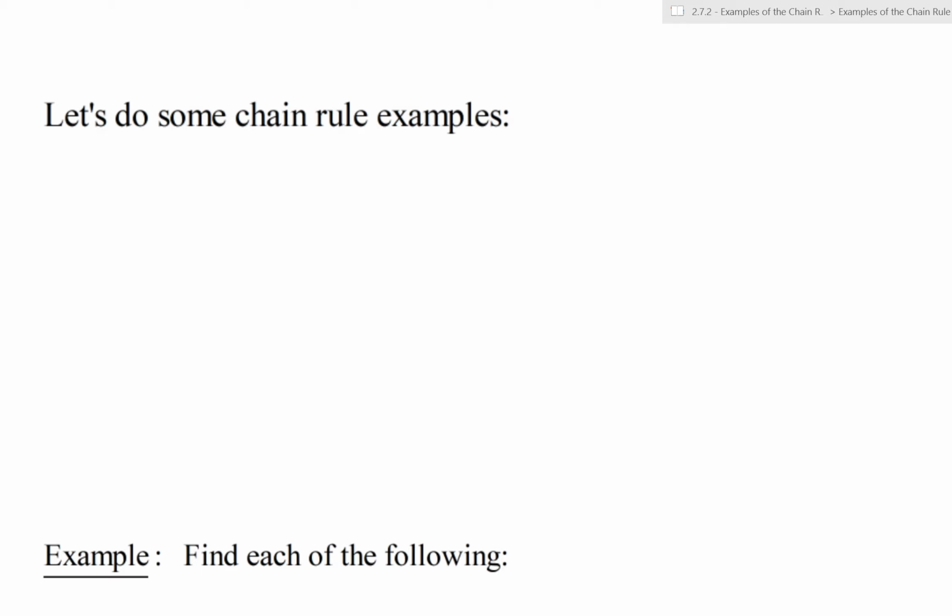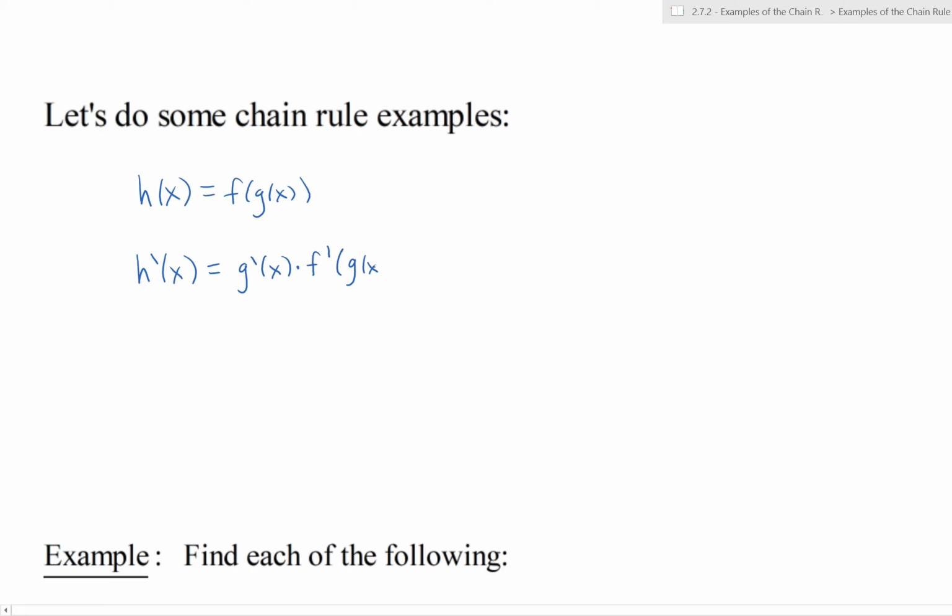Assuming we have a function of the form h of x is f of g of x, a composite function, and assuming that g is differentiable at x and f is differentiable at g of x, then the derivative of h with respect to x is: take the derivative of g with respect to x, and multiply that with the derivative of f evaluated at g of x. So g prime of x times f prime of g of x.